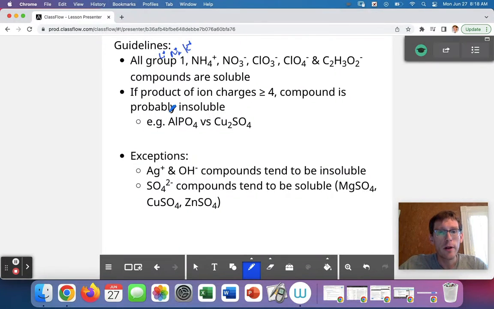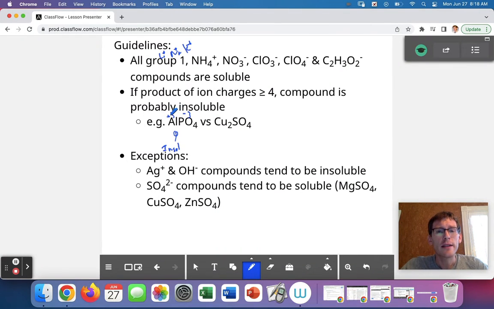So for example, aluminum phosphate, well, aluminum is +3, phosphate is -3, 3 times 3 is 9, and yes, I'm taking an absolute value. That product of 9 is greater than 4, so this is going to be an insoluble compound. And what we can say is that we can relate it to Coulomb's law and Coulombic attraction and lattice energy.